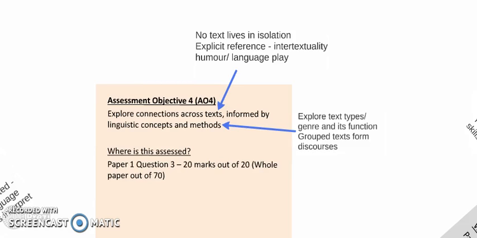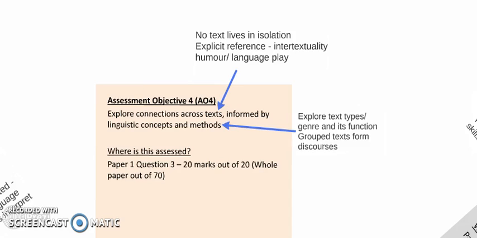So all texts refer to other texts. No text exists in isolation of anything else. And this explicit reference is called intertextuality. It's linked to lots of things to do with direct references to other texts, or it could be a case of a pun.